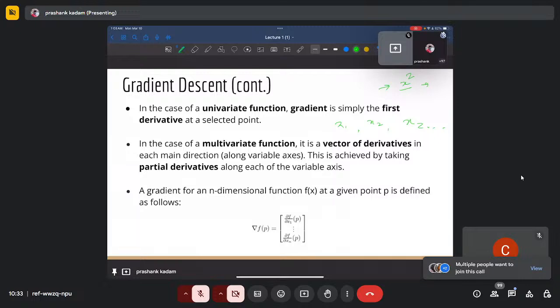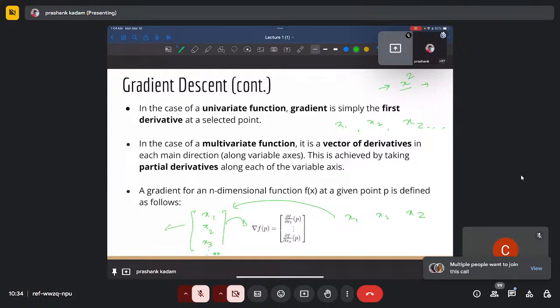I can represent these variables as a vector, x1 to xn, and then I can calculate what is called a Jacobian over this.